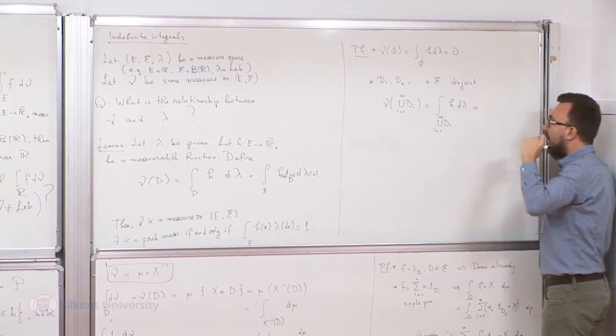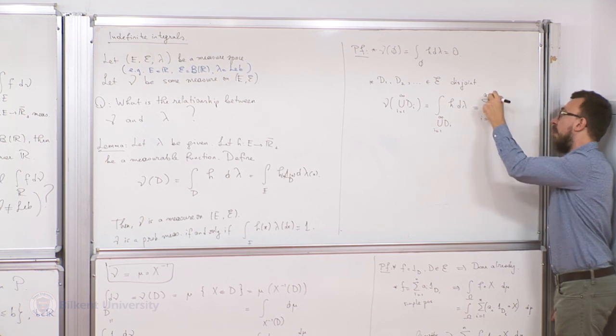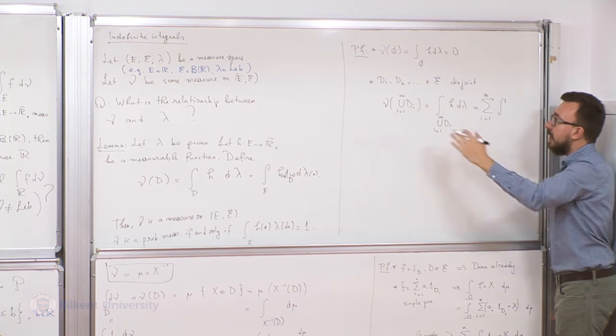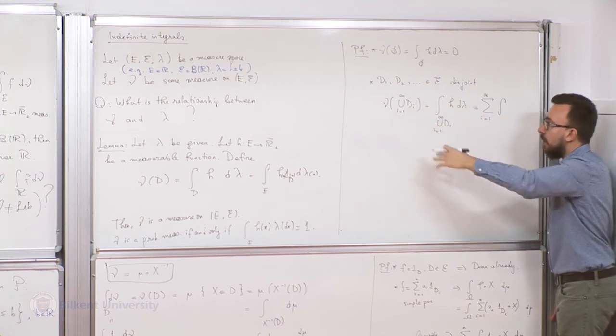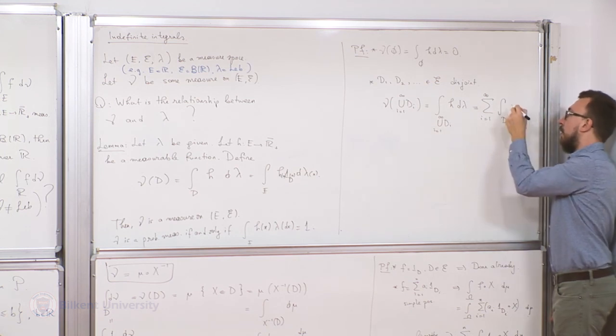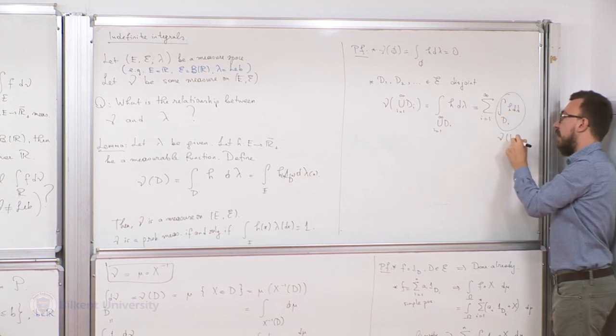And last time we had a theorem which says this is the sum of the individual integrals because these are disjoint sets. So you can integrate them one by one, first on D1, then on D2, then on D3, and add all the integrals. And this is the sum of nu(Di).